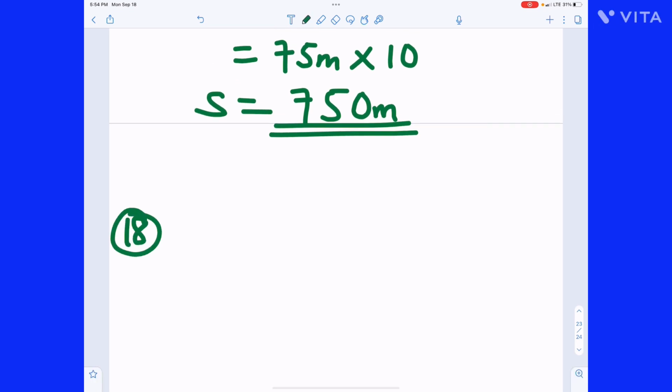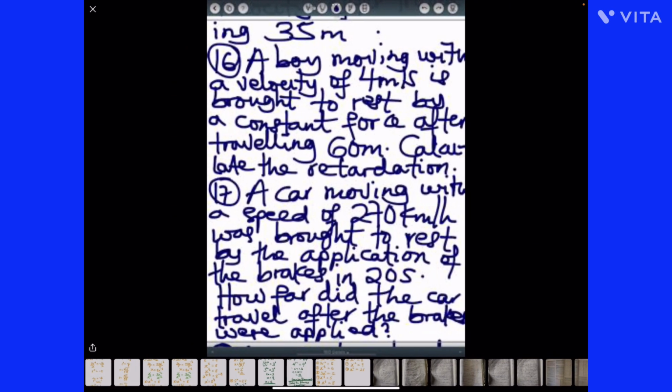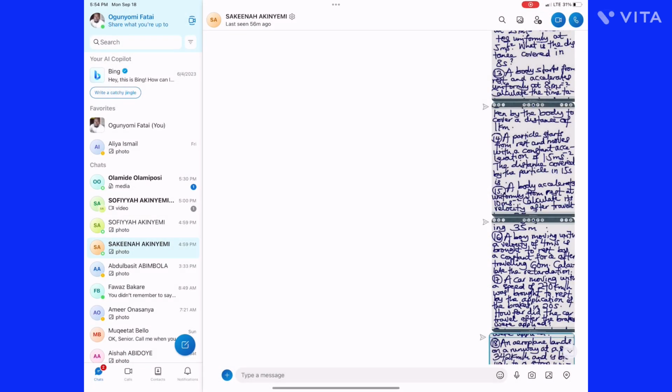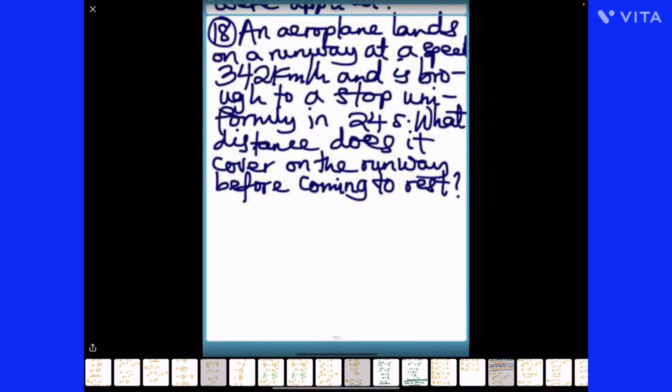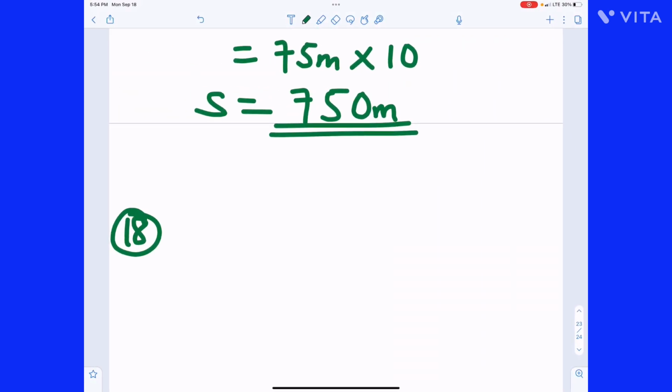Number 18. Last question. Number 18 says, an aeroplane lands on a runway at a speed of 342 kilometers per hour. What distance does it travel on the runway before coming to rest?